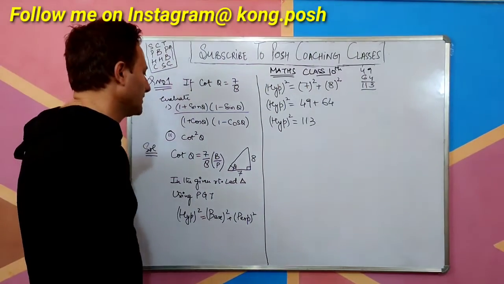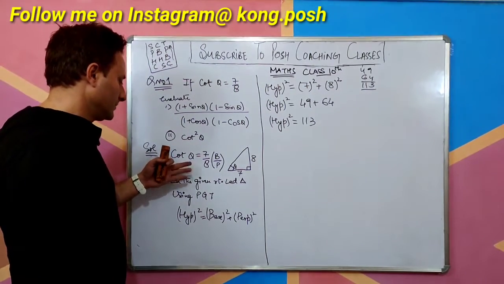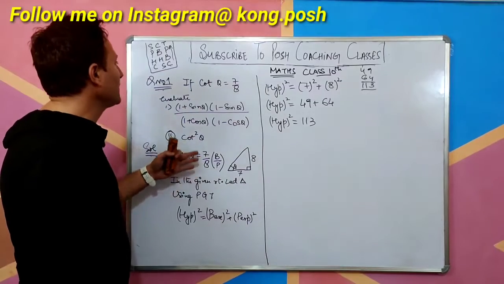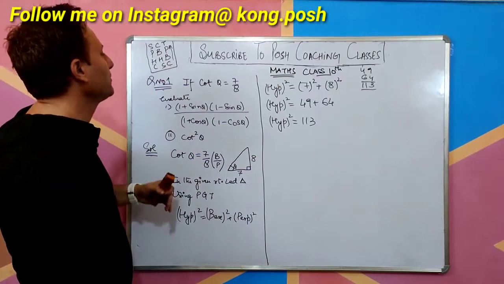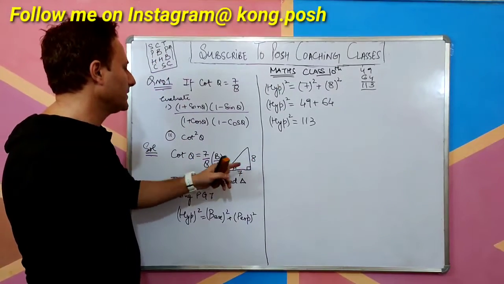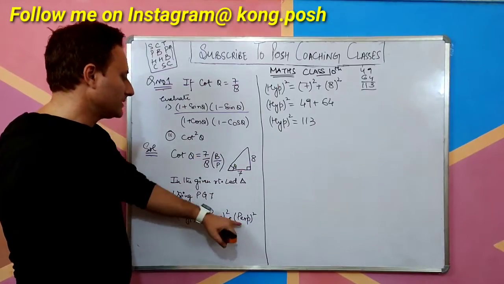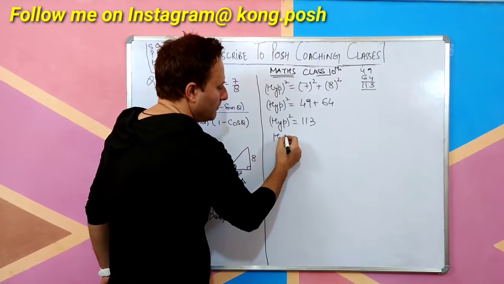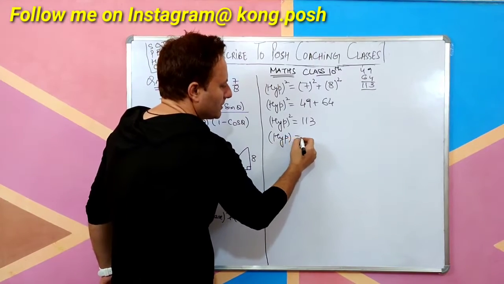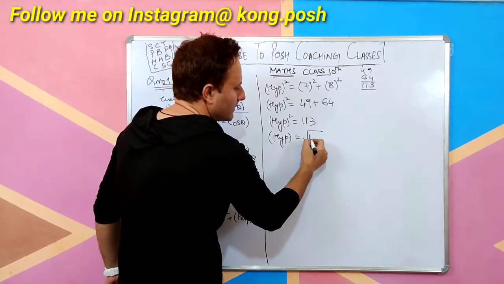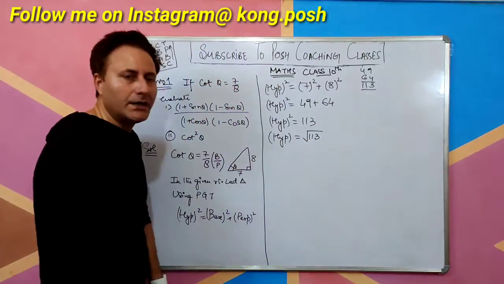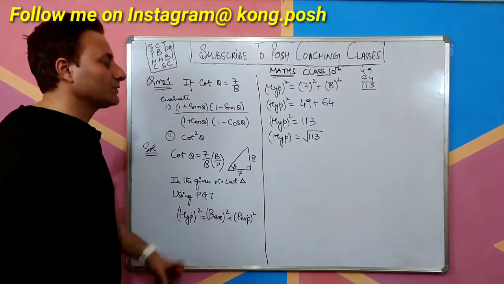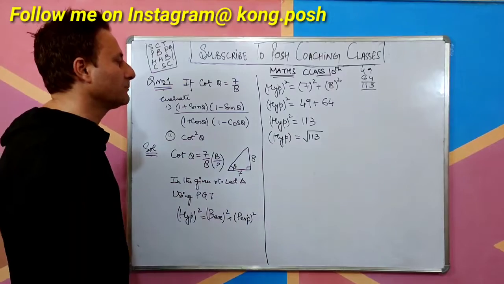So we have cot theta 7 upon 8, cot is base upon perpendicular, 7 square, 8 square, and then hypotenuse is equal to, this square goes that side, under root 113. Now this was not the question, we just searched the hypotenuse.